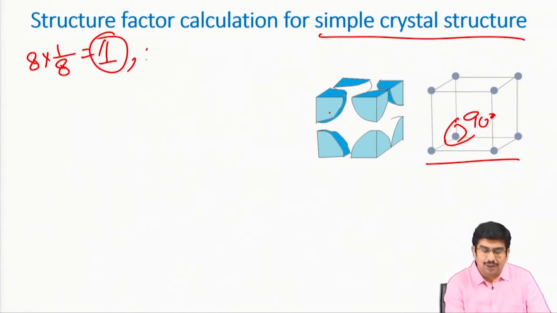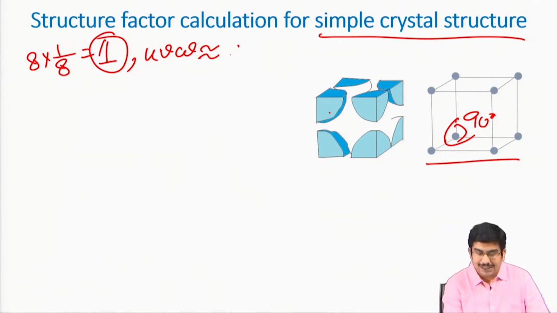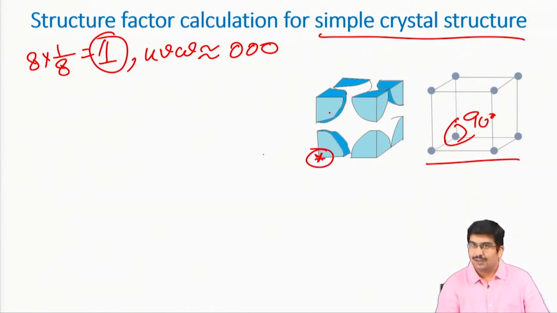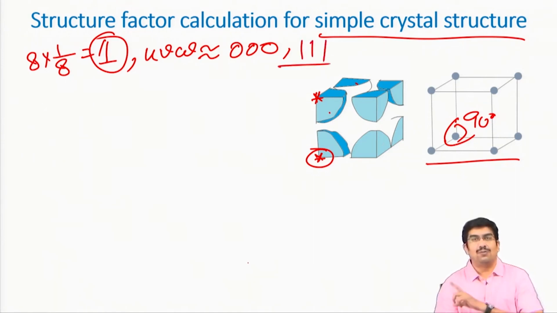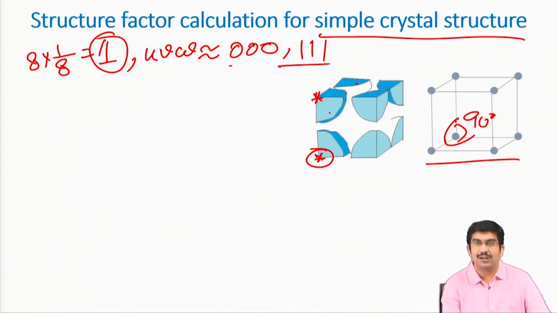Now, the fractional coordinates, that is UVW, we can represent for this one. Let us say 0, 0, 0 is the origin. Another atom will be here, at any of these corners, and its fractional coordinates would be 1, 1, 1. The point is that 0, 0, 0 and 1, 1, 1 can be interchanged.